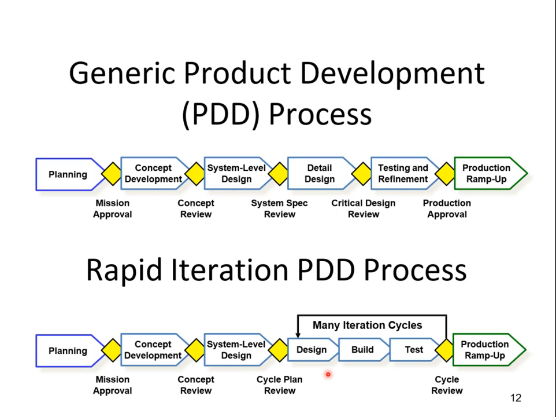So instead of having just one design, doing the testing and ramping up the production, we check it multiple times and refine until we have the final product to start the production process.